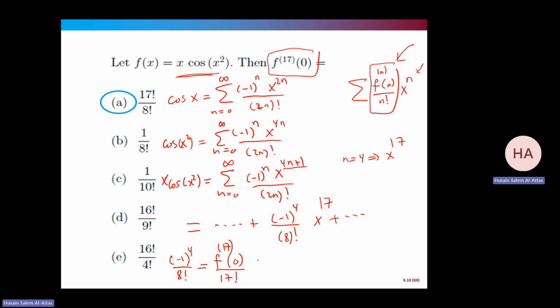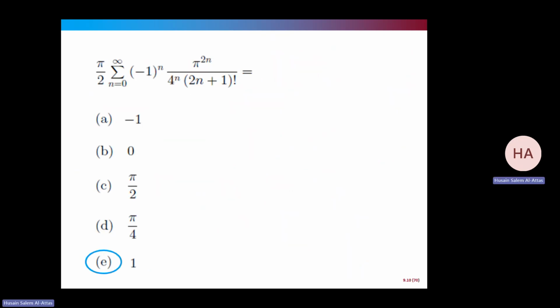So now solve for f 17 at 0. That will be what? Minus 1 to the power 4 is 1. That will be 17 factorial over 8 factorial, which is clear.